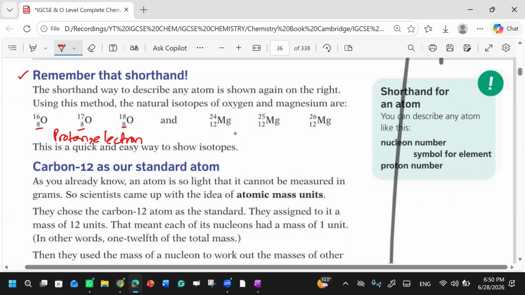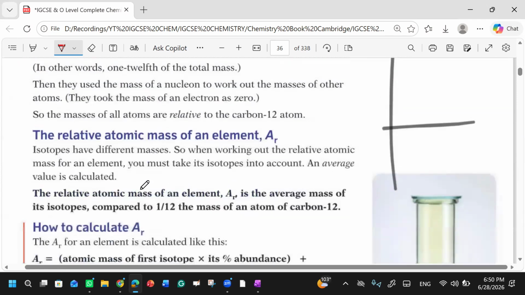Similarly, in magnesium, the protons and electrons are the same. So it means the atomic number will be the same, but the mass number will be different. Clear? The mass number will always be in the superscript, and the atomic number will be in the subscript. This is the easy way of writing, and this is how we write it.